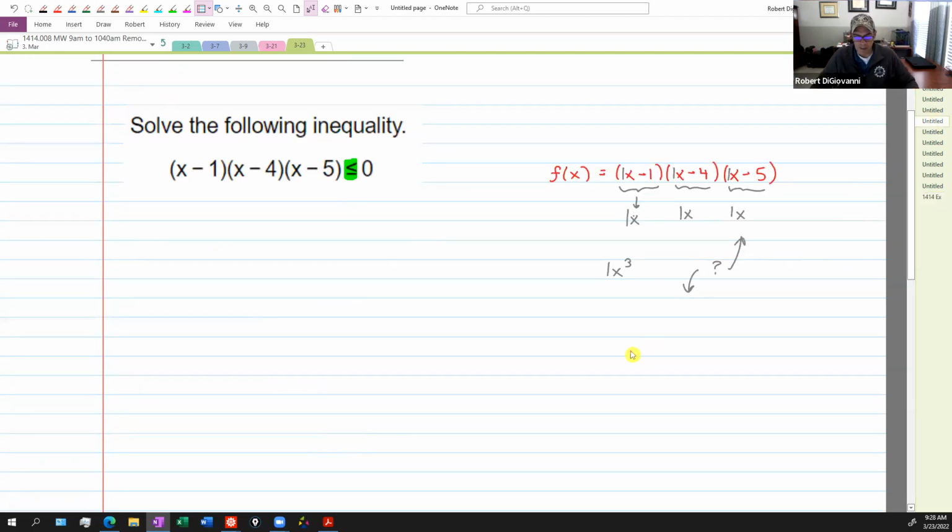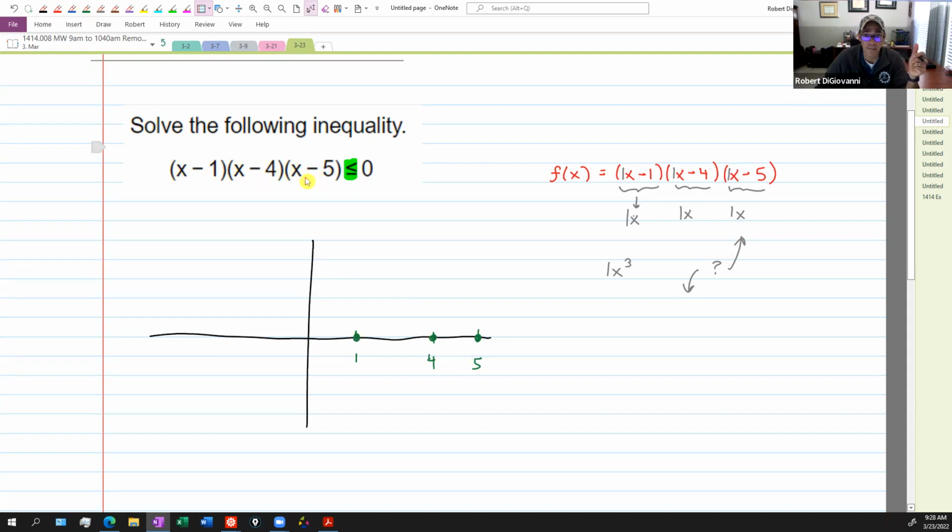All right, I'm going to try and do this without writing much of anything else. Let's see if you can follow me on this. Here's what the graph of this looks like. I know it hits at 1. I know it hits at 4. And I know it hits at 5. All I did there was mentally set each of these factors equal to 0, so I got 1, 4, and 5.